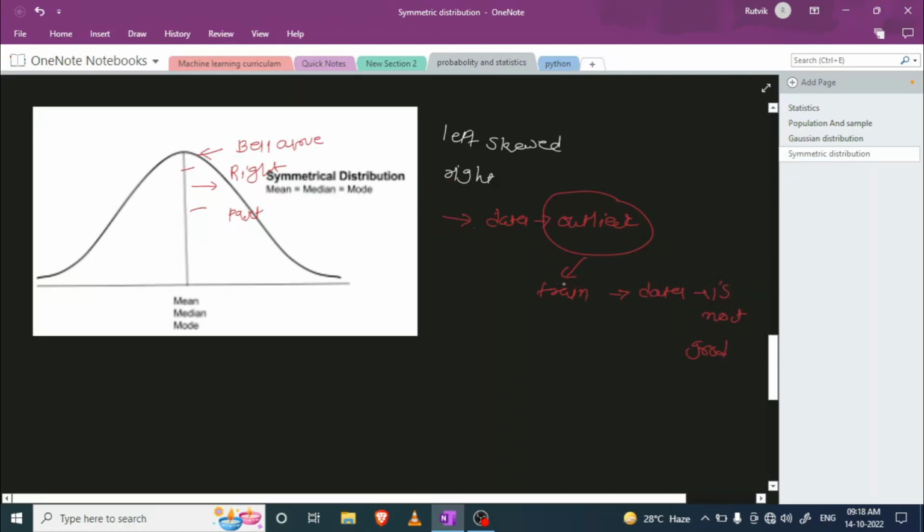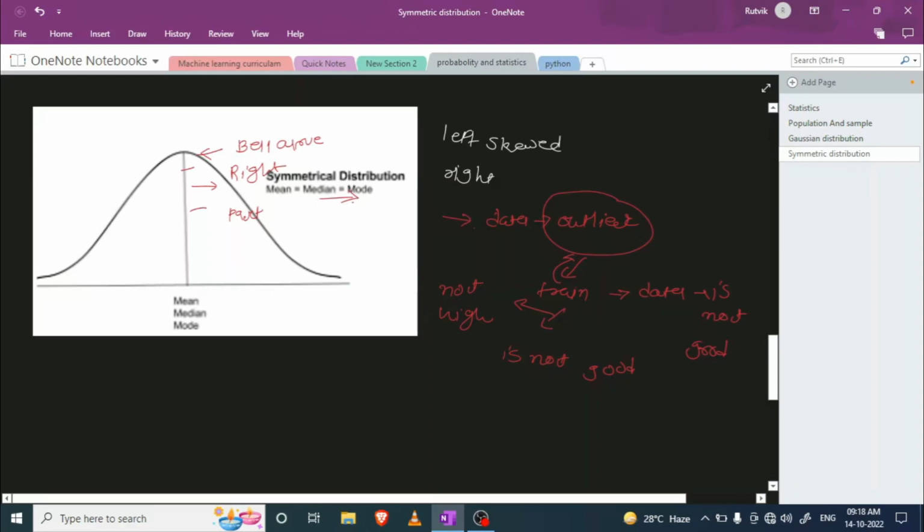If we train our model on outlier data, the prediction of the model is not good, because the accuracy of our model is not high. That's why we avoid outliers in our data, and we need to remove them.